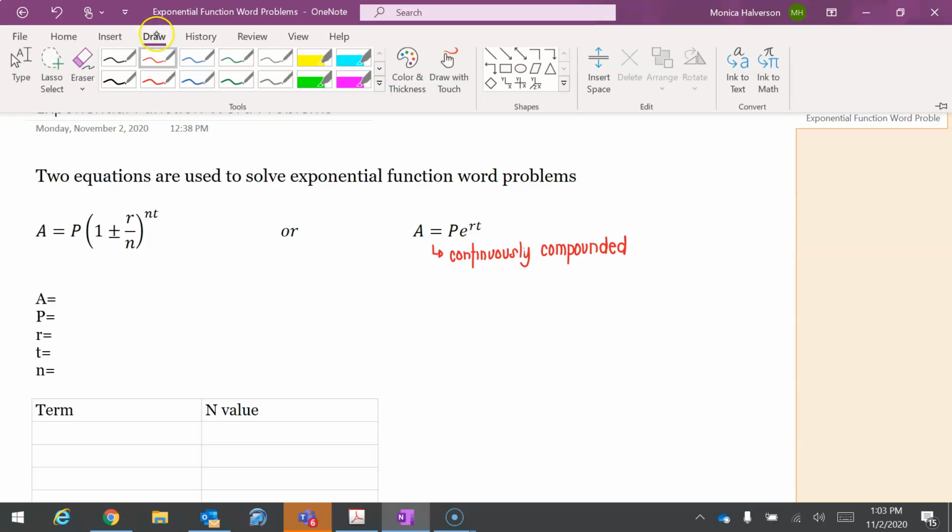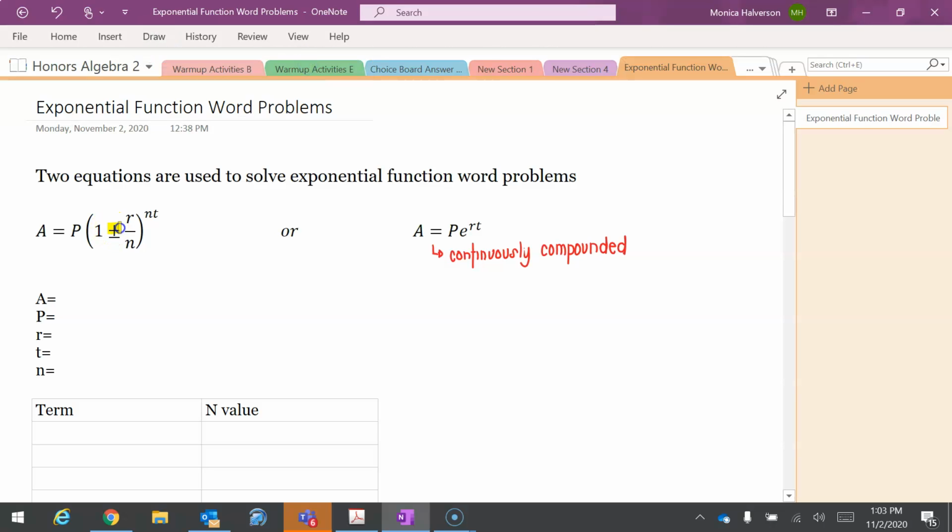Now, with the first equation, you also have to decide whether you're using plus or minus in the formula. You're going to use plus when you see the word accrues, or pays, or makes, or increases.